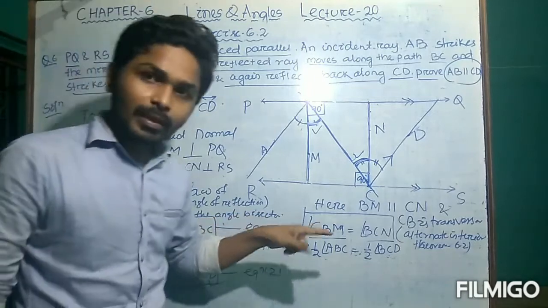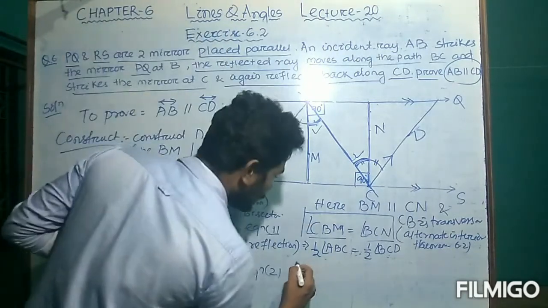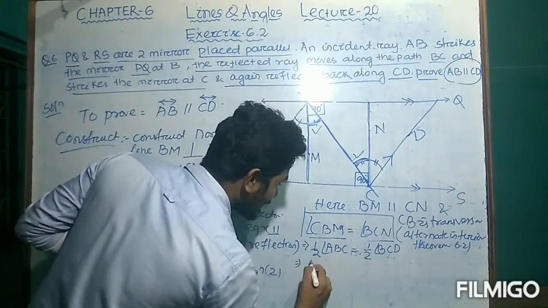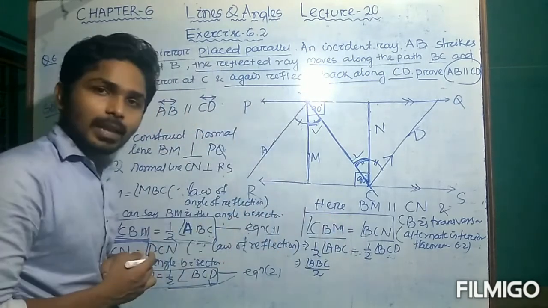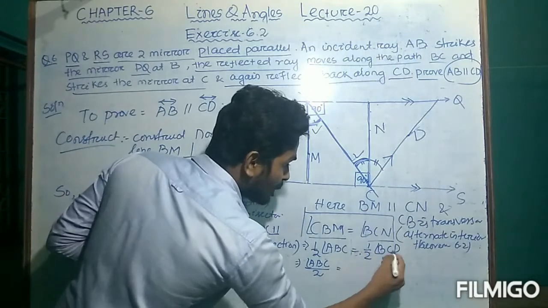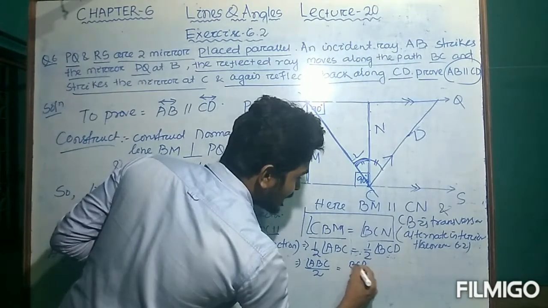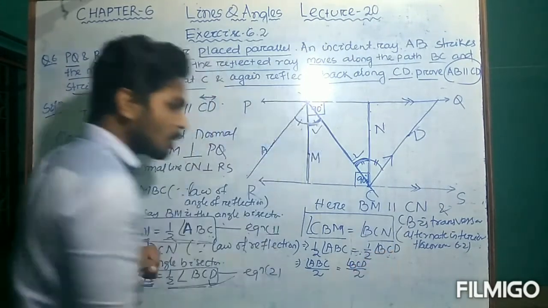Okay, now it is understood. Now, what will we do? We can write half of angle ABC, angle ABC by 2, and half of angle BCD, angle BCD by 2. No problem.